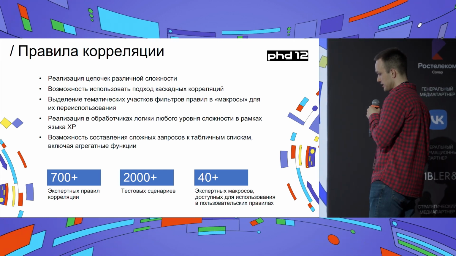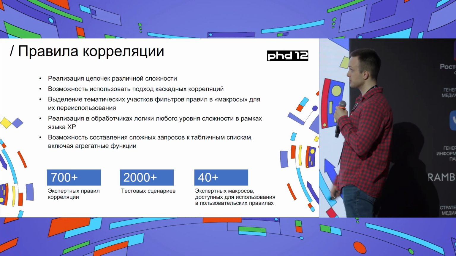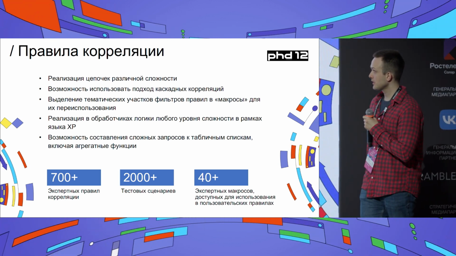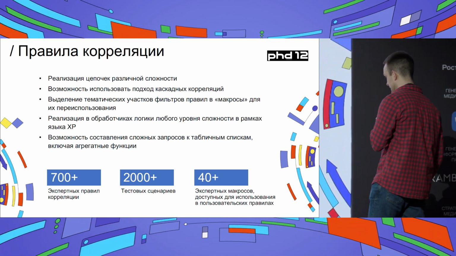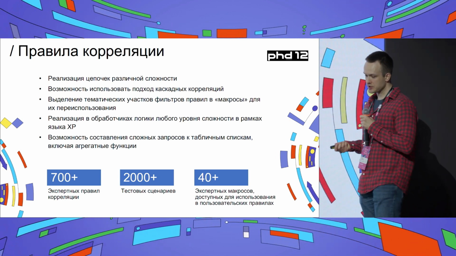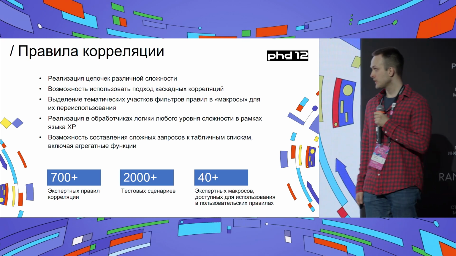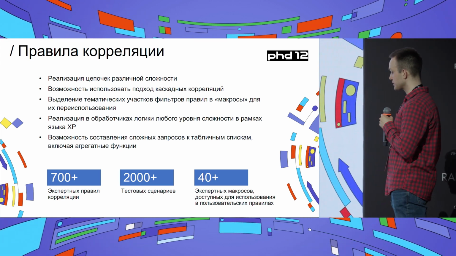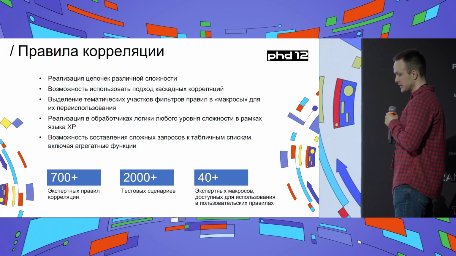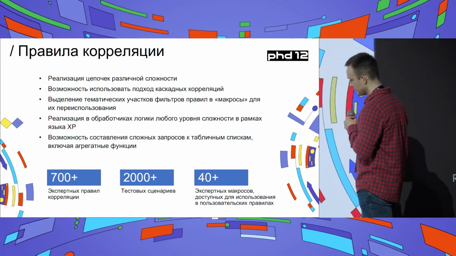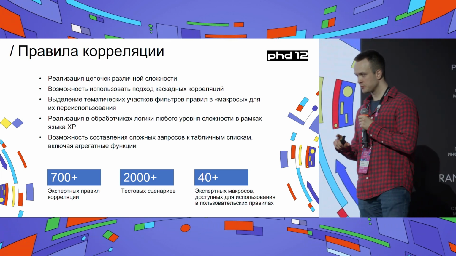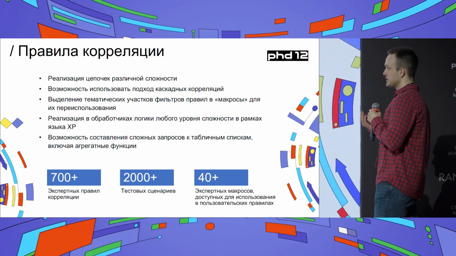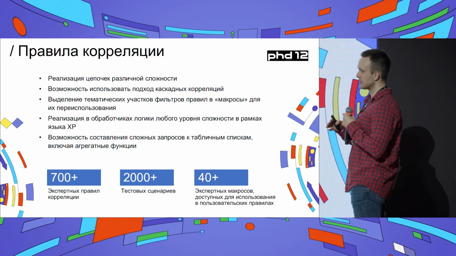We can implement chains of different complexity. We can use cascade correlations because correlated events get back to the pipeline. We can have different cases with different time limits, and we can provide security people with different code samples.